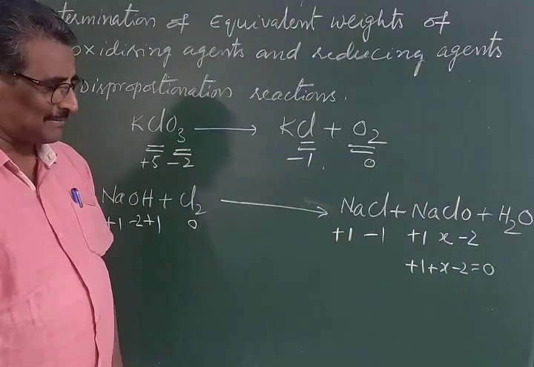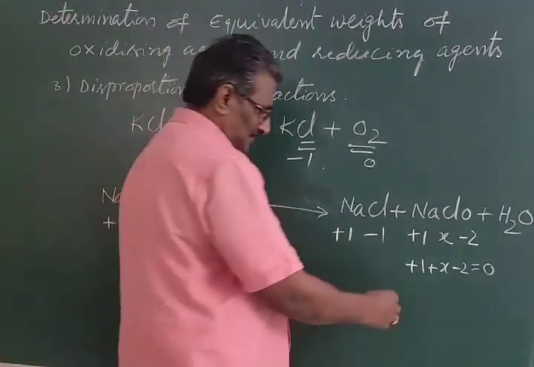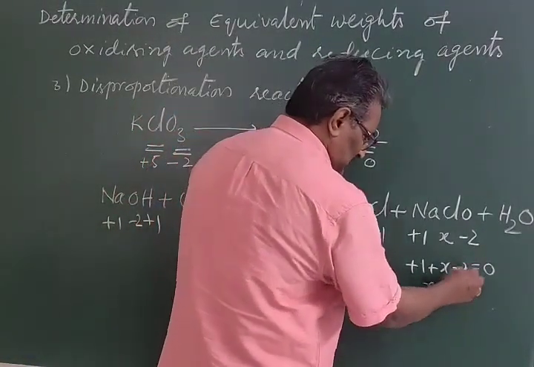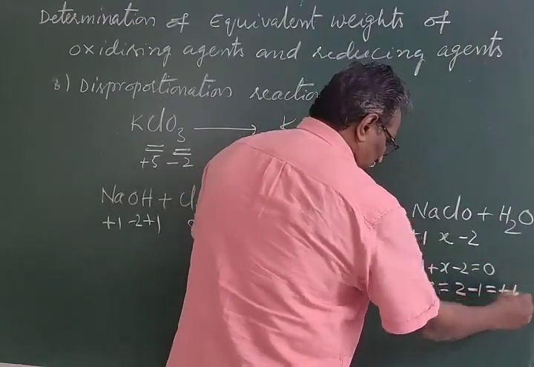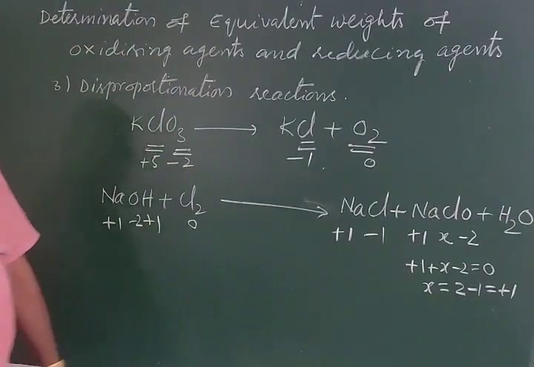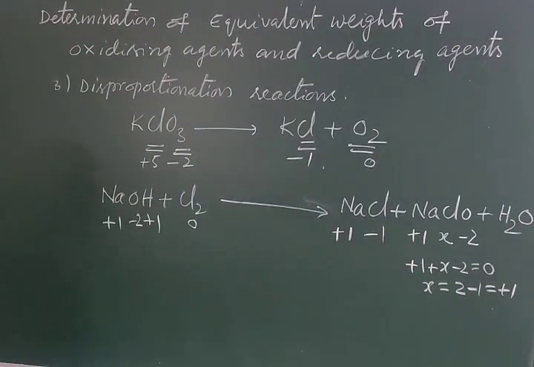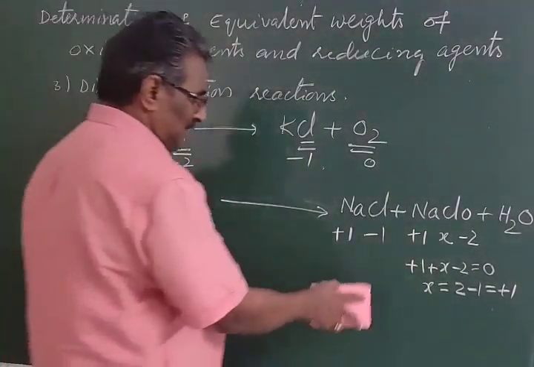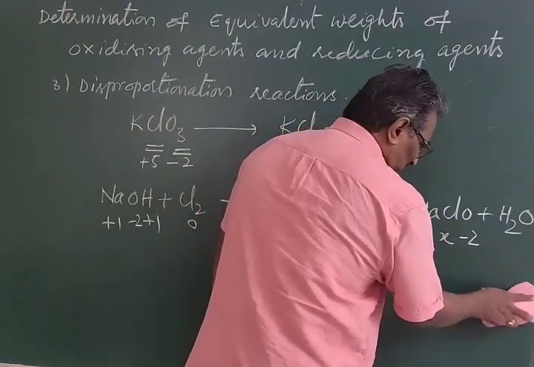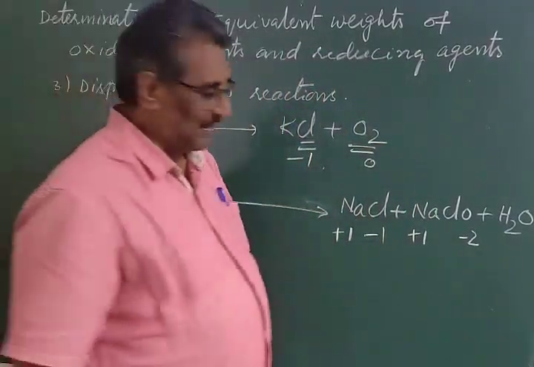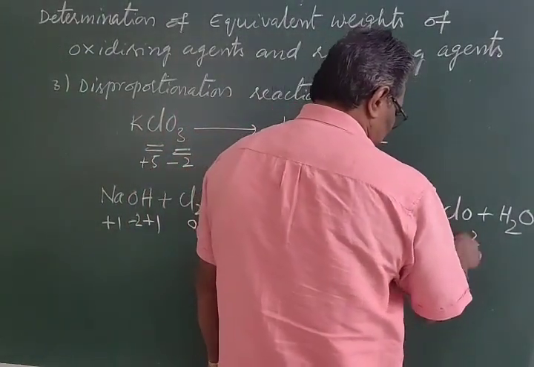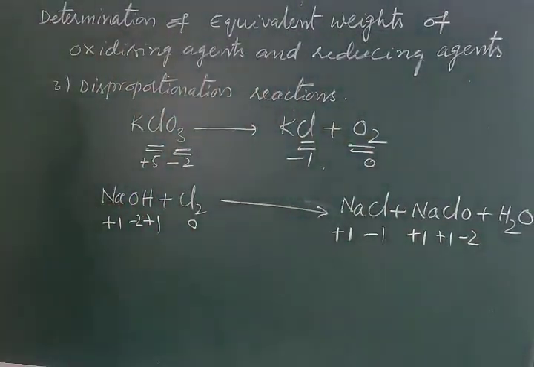So X is equal to 2 minus 1, that is +1. The oxidation state of chlorine in sodium hypochlorite is also +1.